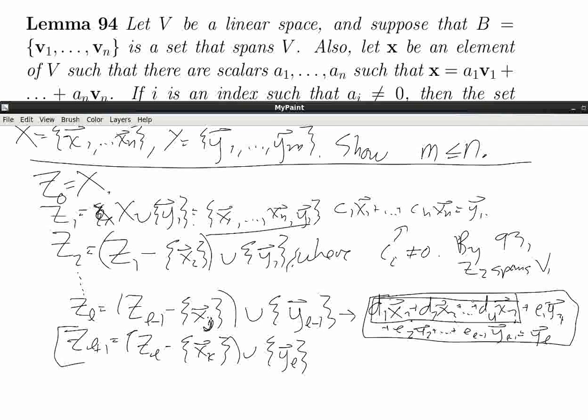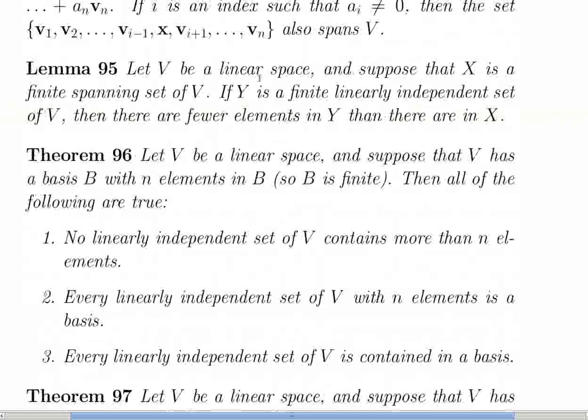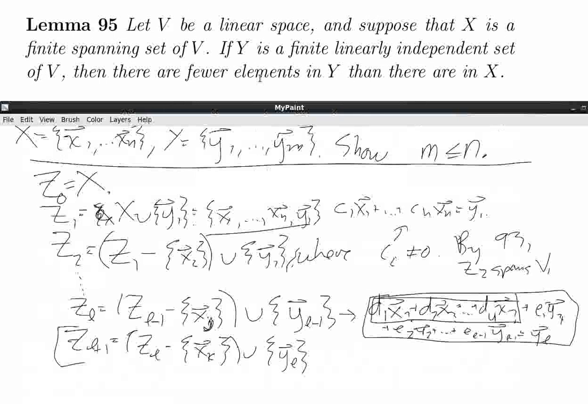Now, I want to make sure that the non-zero coefficient isn't one of these e1s. But on the other hand, I'm not so concerned, because what do I know? Here's the thing that we're actually proving. I know that y is linearly independent, so it cannot be that all of these things are 0.